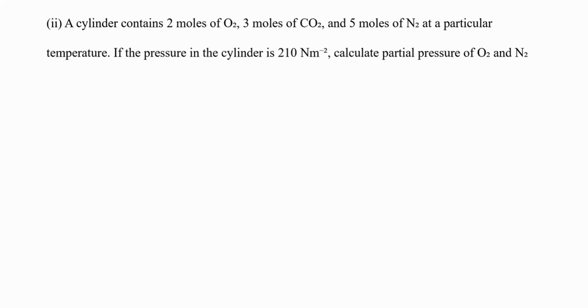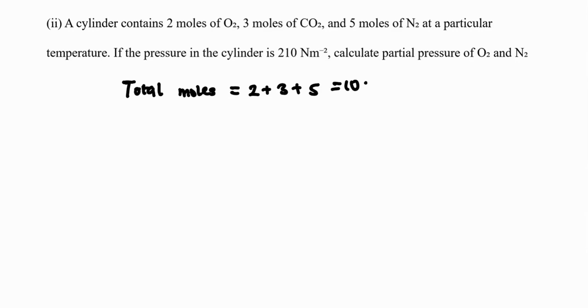Okay, so for us to be able to find this, we'll first find the total moles. The total moles is going to be 2 plus 3 plus 5, which is giving us 10.